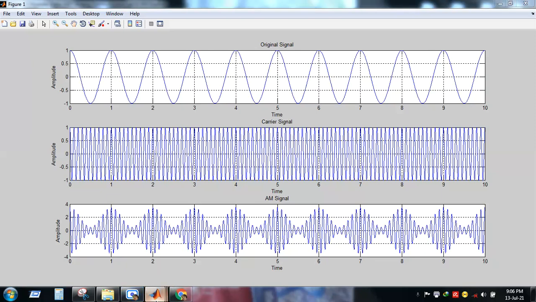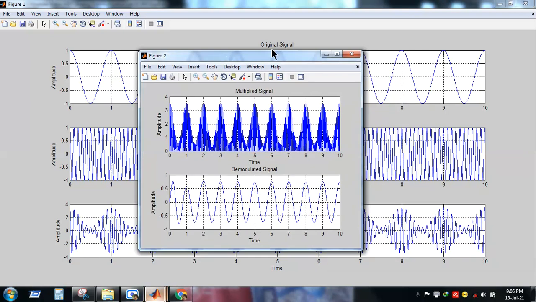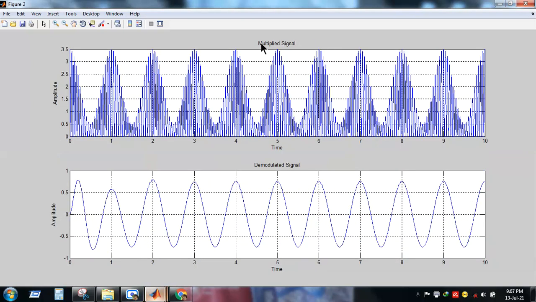Fine. Let's see the second figure. This one is the multiplied signal. If we multiply the AM signal with the carrier signal, it will look like this. This is similar to a rectified signal, or you can see that this is basically the envelope of the signal. And if this signal is passed through the filter, we will get this type of output.